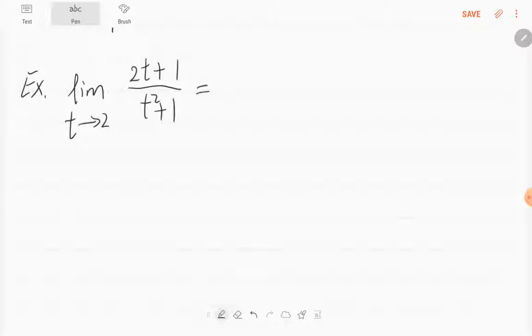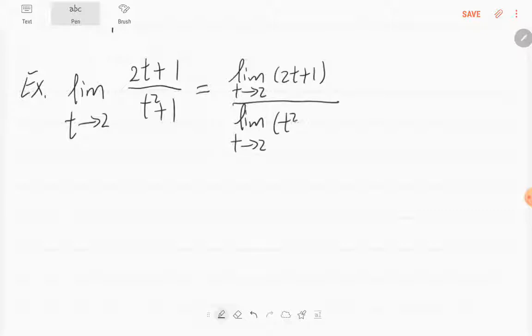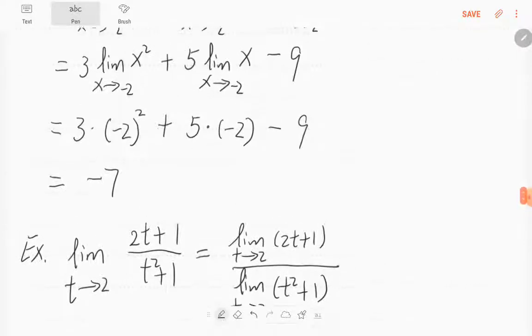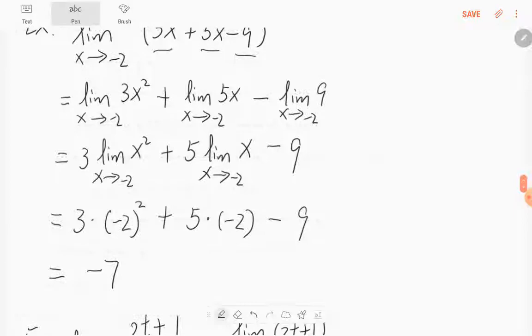So we can use the basic law for the quotient of two functions, which is the limit as t approaches 2 of 2t plus 1, over the limit as t approaches 2 of t squared plus 1. Before we do the further calculation, let's go back to the first example.